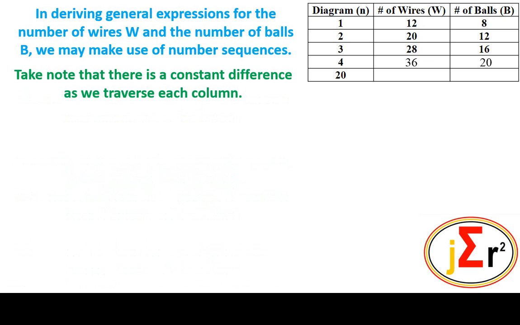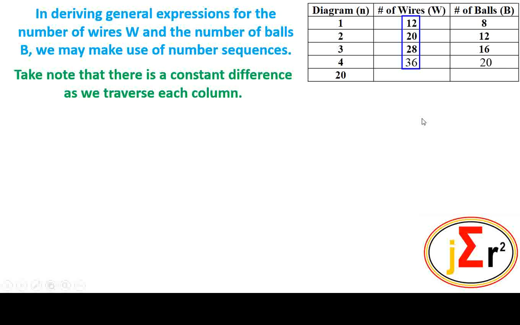Take note that there is a constant difference as we traverse each column. You can see that here, as we go down, we are adding 8 each time. 12 plus 8, that's 20, plus 8 is 28, plus 8, 36. Or we may do it in difference: 36 minus 28, 28 minus 20, 20 minus 12.